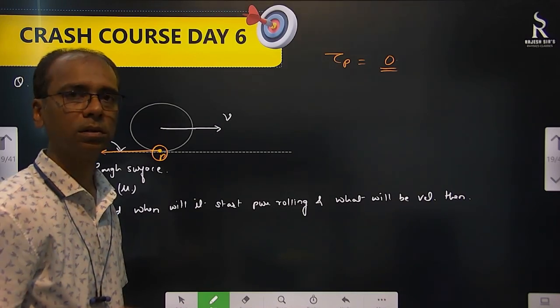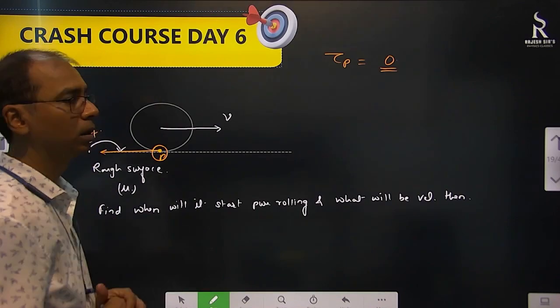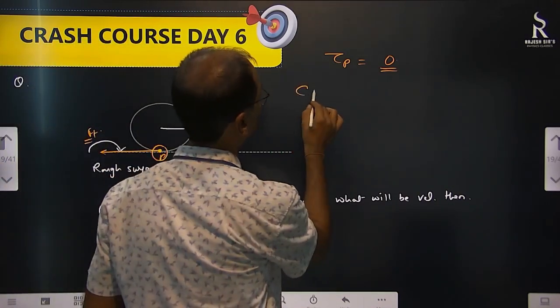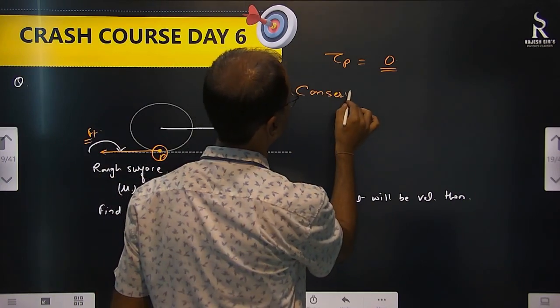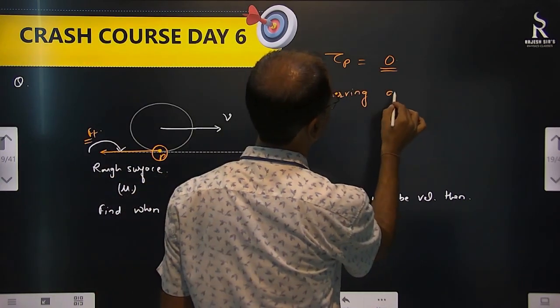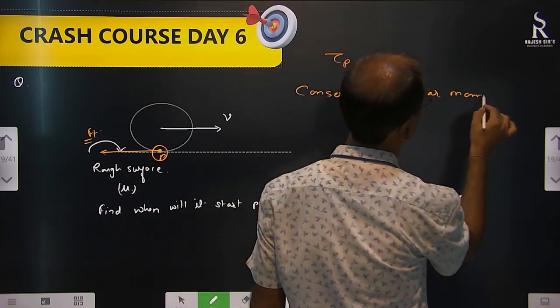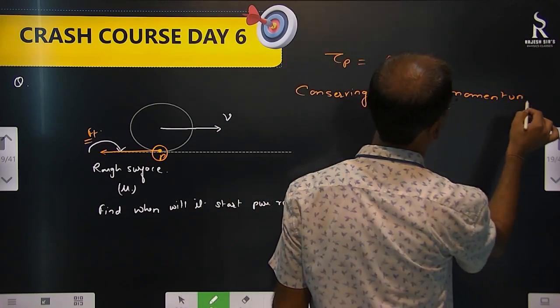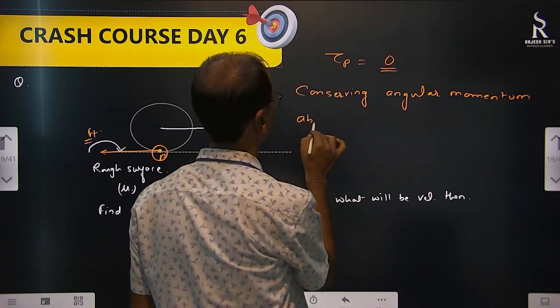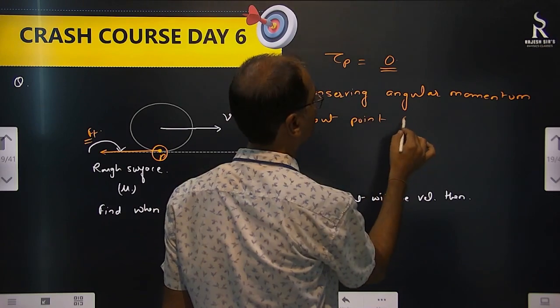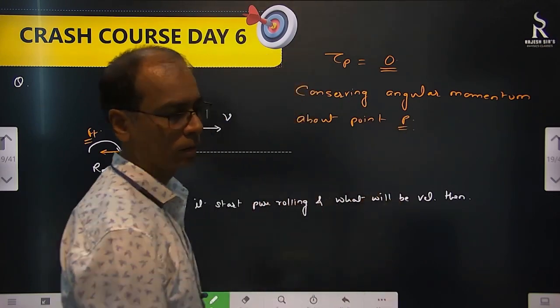So that way we should be able to solve. Conserving angular momentum about point P.